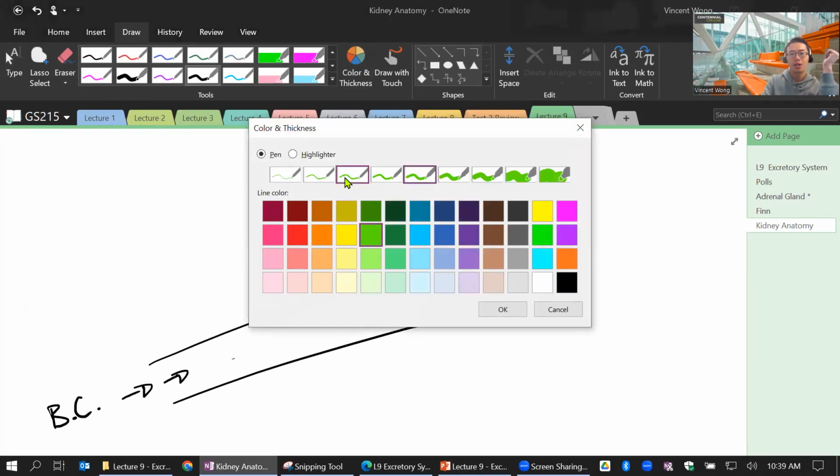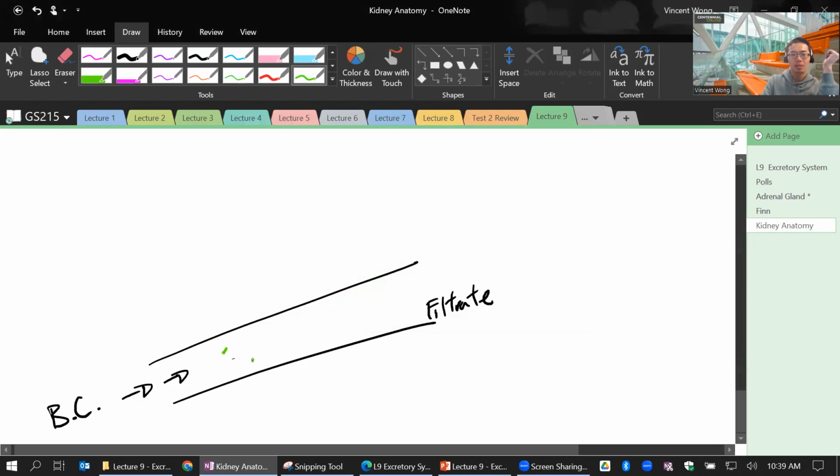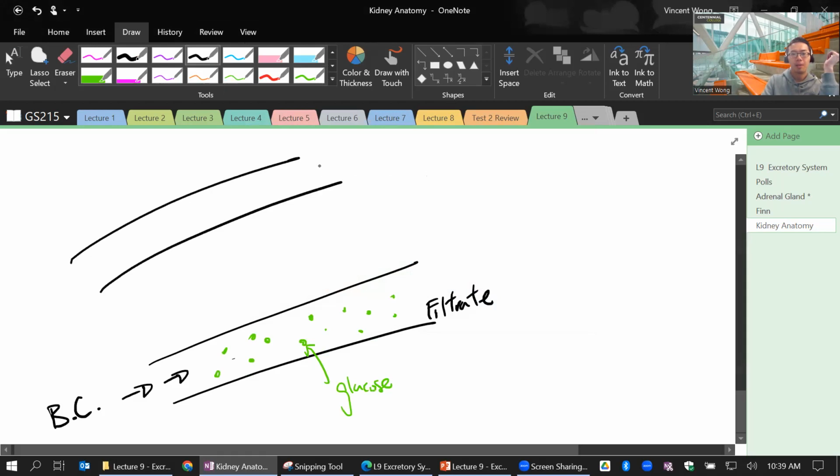We're just gonna focus on the glucose. I'm gonna put some green dots here that represent glucose. And over here we have the blood, which is the peritubular capillary.